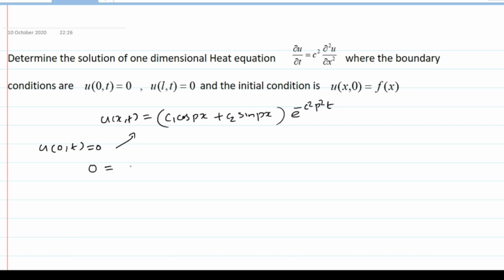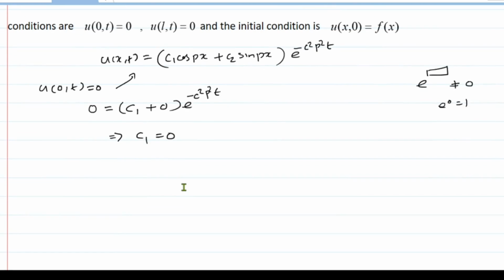So, as in the wave equation case, we get c1 plus 0 into e^(-c²p²t) equal to 0. But e raised to 0 is not equal to 0, e raised to 0 is actually 1. So we get c1 equal to 0.